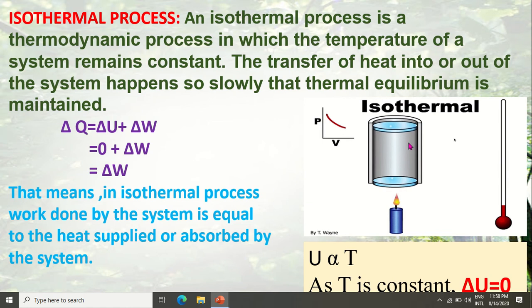Look, here in the container there is some gaseous substance and heat is supplied to the system, but heat is given to the system very slowly, and the container is made of good conducting material, so that it can conduct the heat very easily.